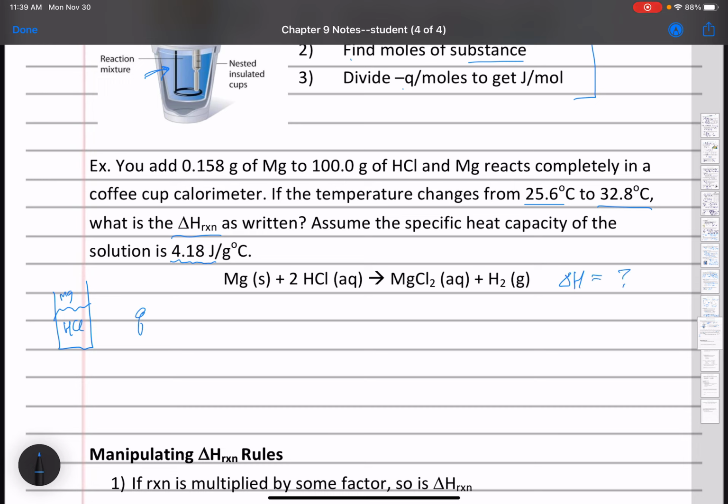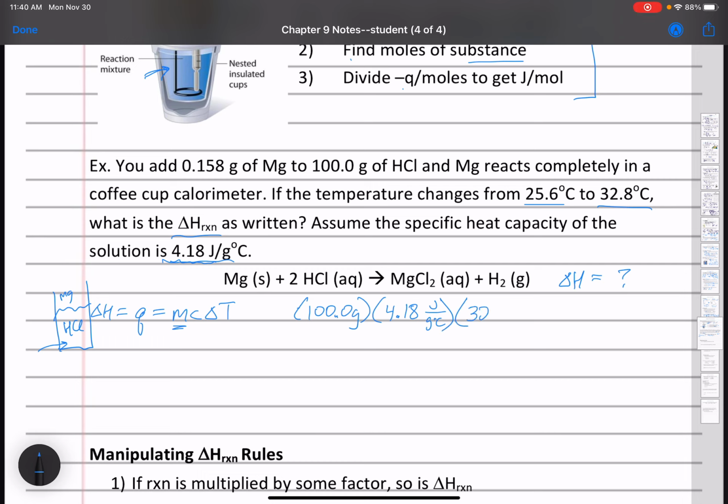We can figure out that heat because delta H is basically equal to Q, and Q is mc delta T. Our mass, in this case, is the mass of the solution, the mass of the hydrochloric acid, the liquid, so instead of the mass of water in a bomb calorimeter, we're talking about the mass of the hydrochloric acid, which is 100 grams, times the specific heat of the solution, which the problem told us is pretty much the same as water, 4.18 joules per gram degree Celsius, times the change in temperature.